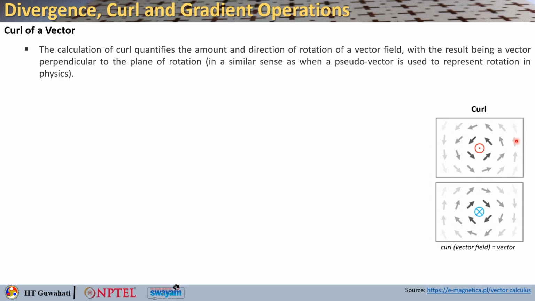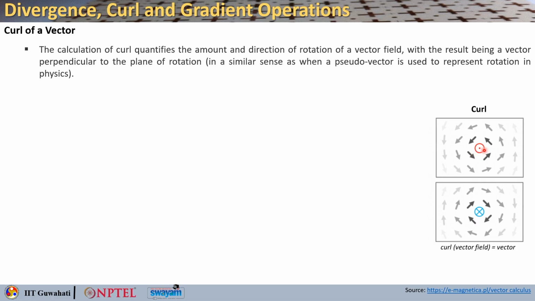So, in a sense, a pseudo vector is used to represent rotation in physics. So, you can see that if you have a rotation around the right hand rule, the thumb basically tells you that the vector direction is outward, right.